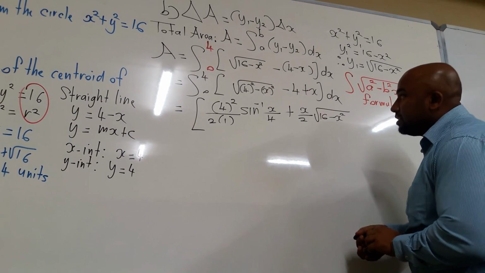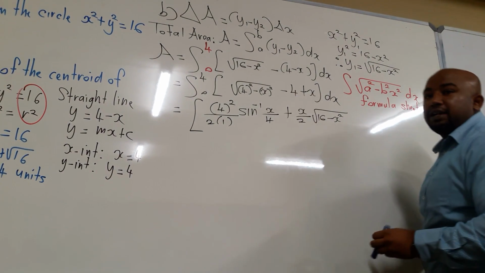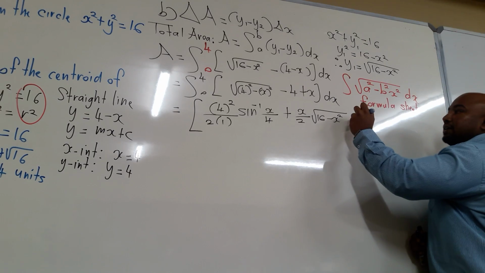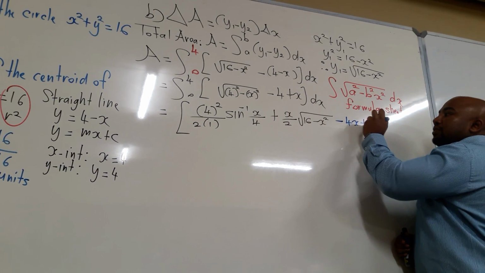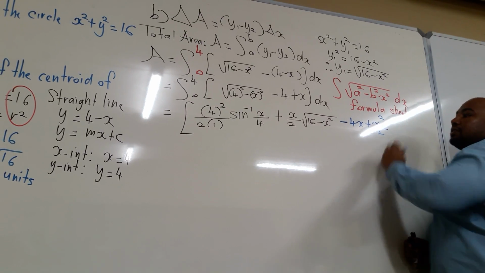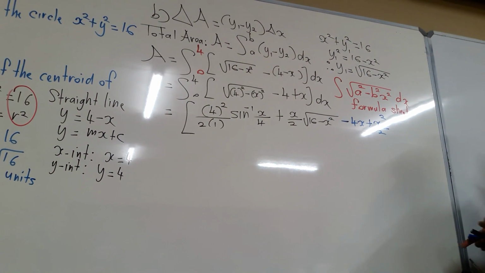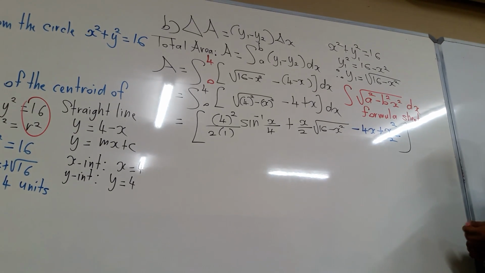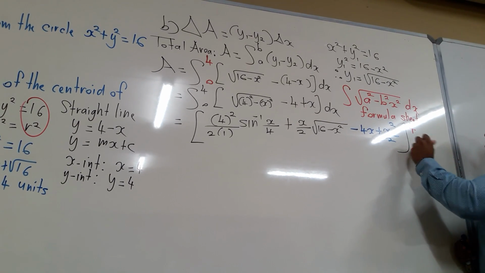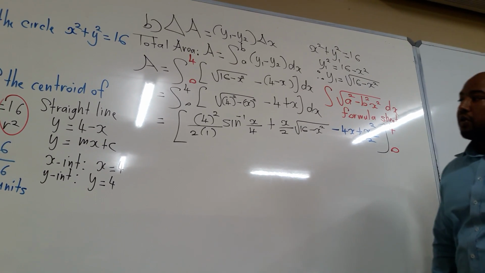So here we need to integrate minus 4, which will be minus 4x. We will integrate x, that will be x squared over 2. And then we need to substitute 4 and 0.